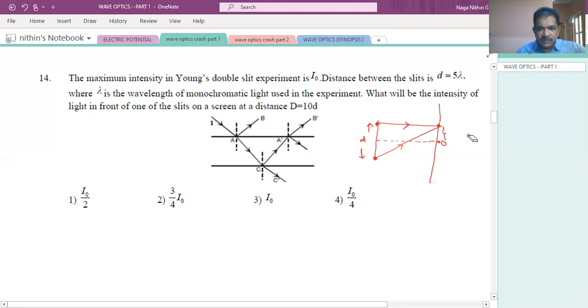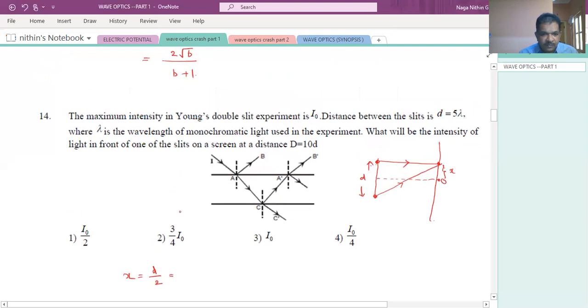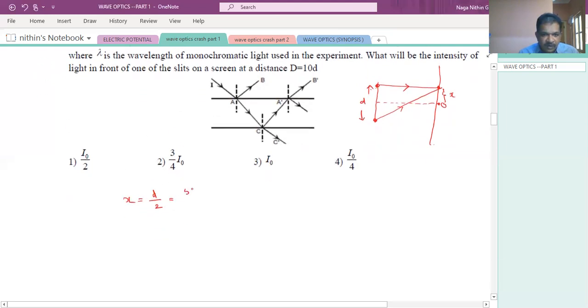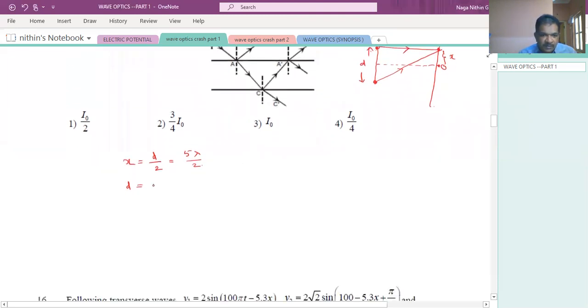Wait, we change the symbols. So this will be x. What they gave here, x is equal to how much? D by 2. Small d, the distance between the two slits, they gave as 5 lambda. So this value will be 5 lambda by 2. Capital D they gave as 10d.